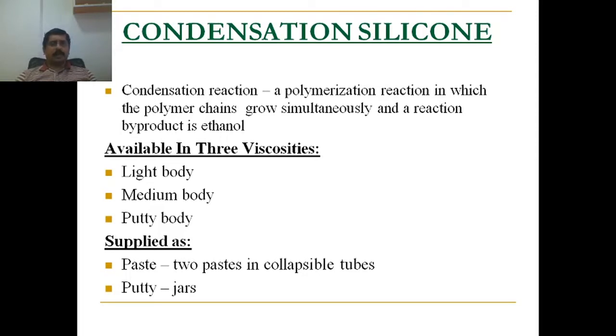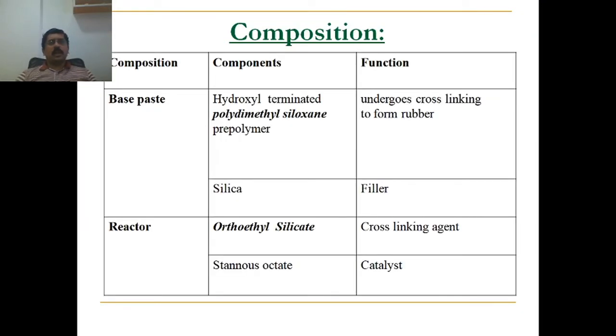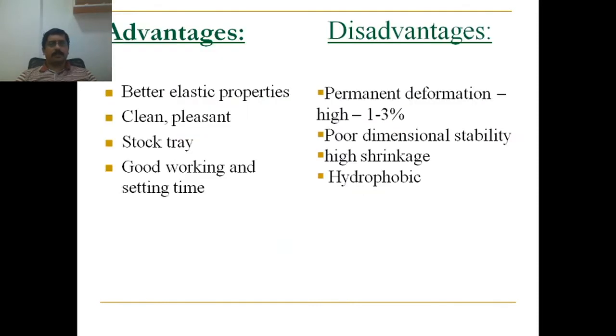It is supplied as two pastes in collapsible tubes, or as putty in jars. Base paste consists of hydroxyl terminated polydimethyl siloxane prepolymer and silica as filler. The reactor has orthoethyl silicate and stannous octoate.